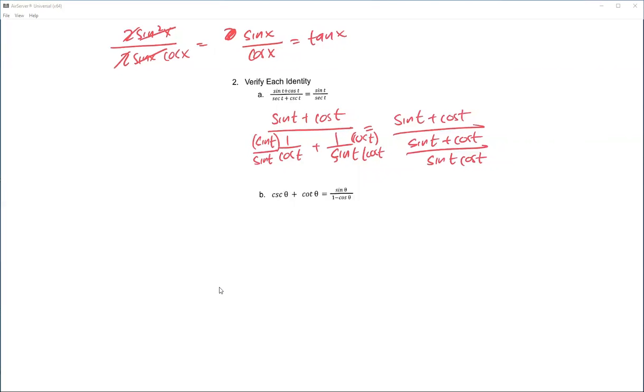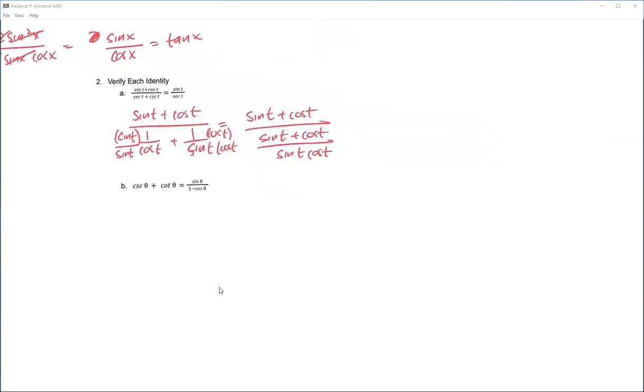So when you do this, remember this is division right here. So this will be equal to sine t cosine t times sine t plus cosine t times sine t cosine t over sine t plus cosine t. If you put these in parentheses, you know that you can cancel these out.